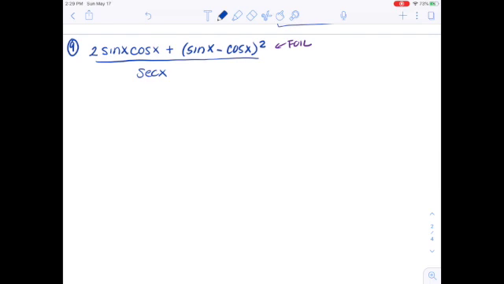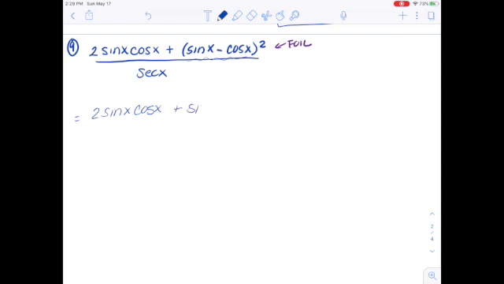All right, and our last one for today, I want to show you a little technique when you see that squared. Just FOIL it. Now FOIL sine of x minus cosine of x squared, first, outer, inner, last.